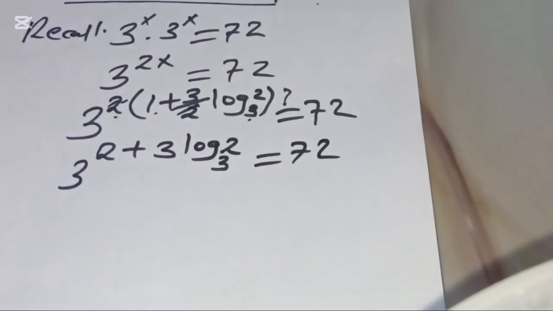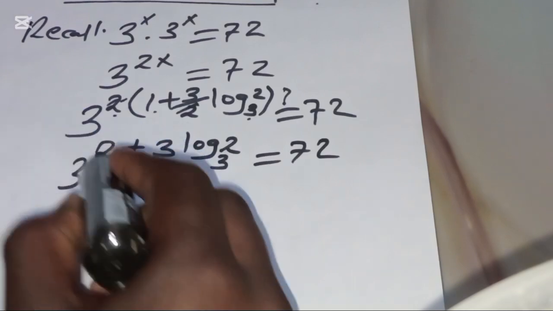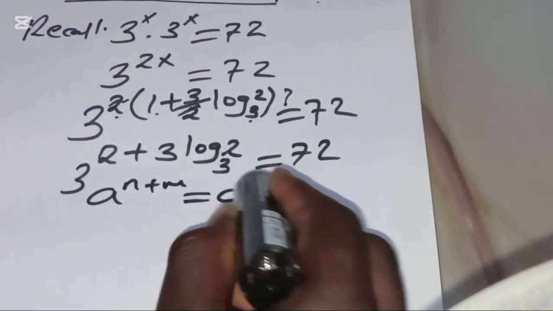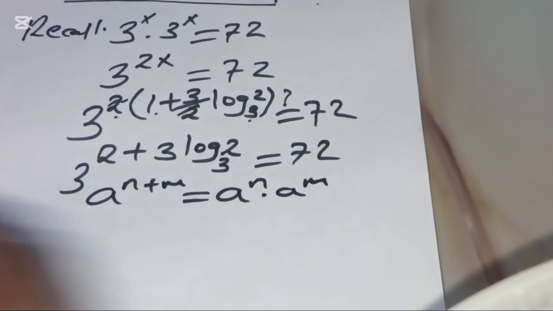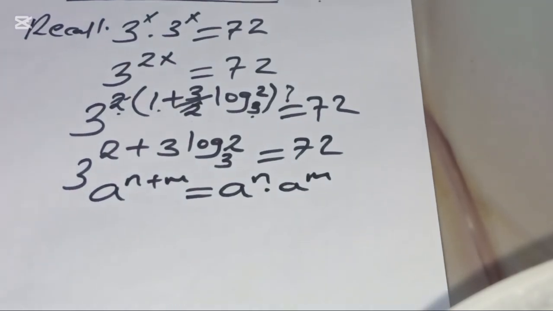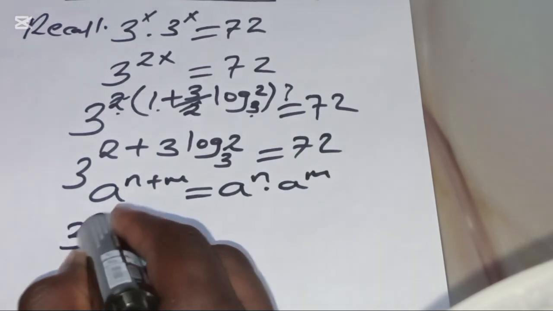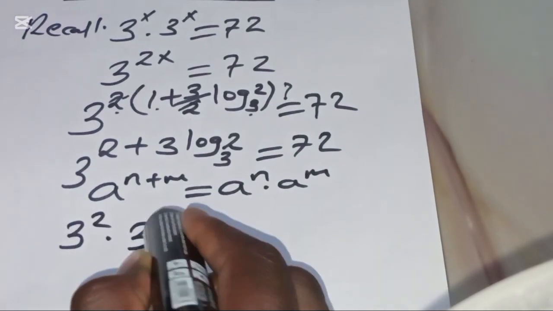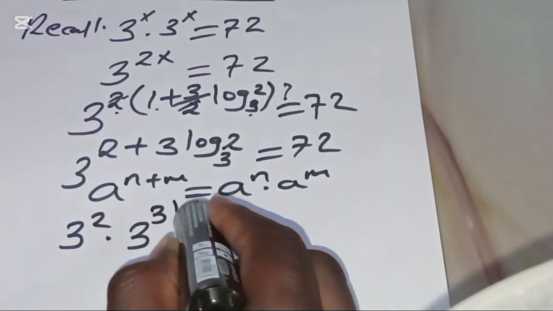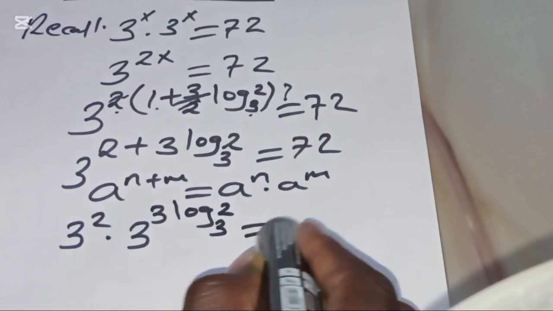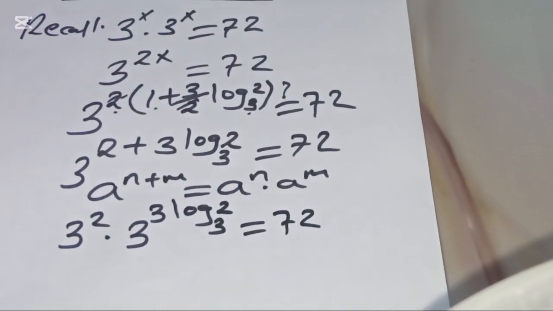Now, as you can see, 3 raised to the power 2 plus 3 log 2 to base 3, this is actually in the form of a to the power n plus m, which we can express as a to the power n multiplied by a to the power m. Now, applying this property, we'll have 3 to the power 2 multiplied by 3 to the power 3 log 2 to base 3. This should give us a value of 72.